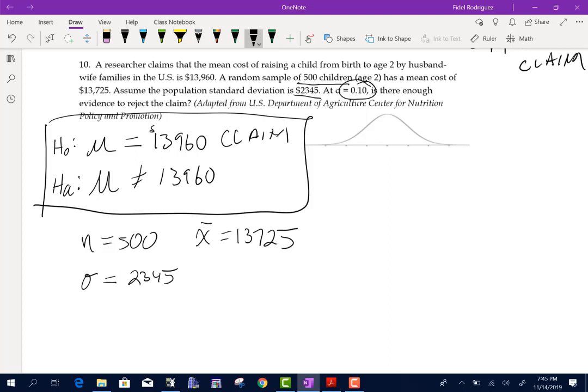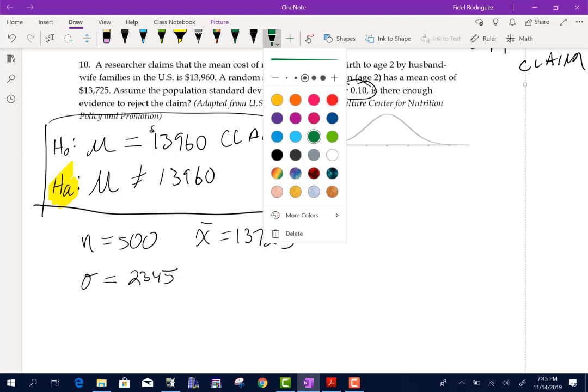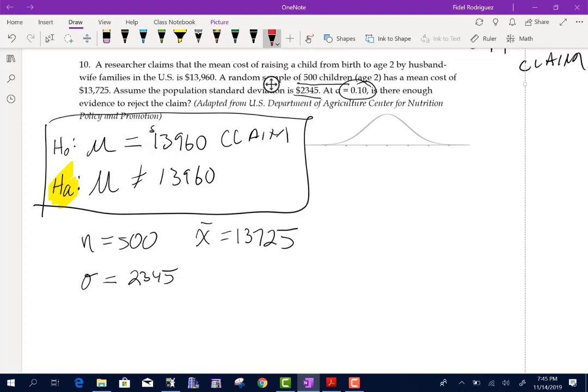Guys, before I do anything else, I got to figure out left tail, right tail, or two tail. Which one do I look at? The one that tells me to look at my HA, right? That's the one that's always going to tell me whether it's a left tail, right tail, or two tail. It's telling me that it's a two tail.